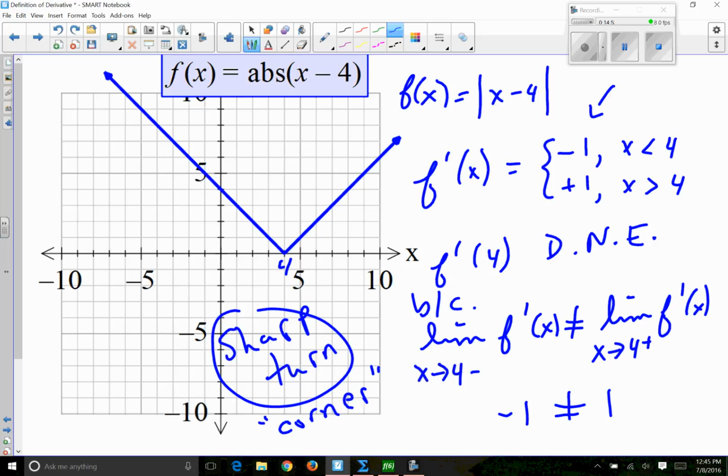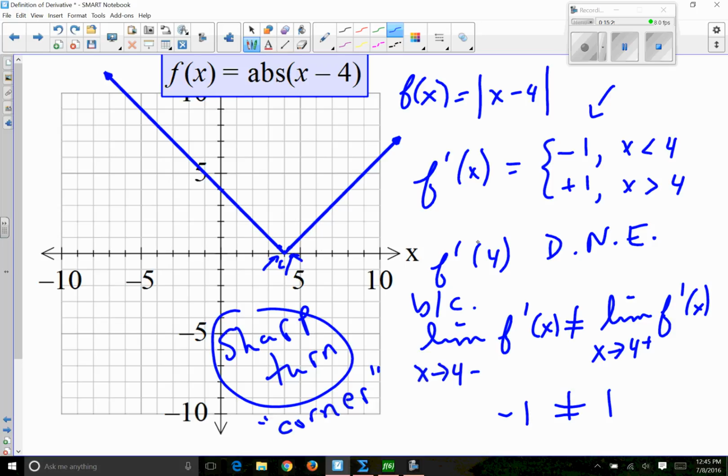So I'll just reiterate. For example, if x is 3.9999, the derivative is negative 1. Because when I say the derivative, I mean the slope. But if x is 4.0001, the derivative is 1. As we zoom in, close in on 4, the slope on each side is always -1, no matter how close we get to 4 on that side, and always +1, no matter how close we get to 4 on that side.